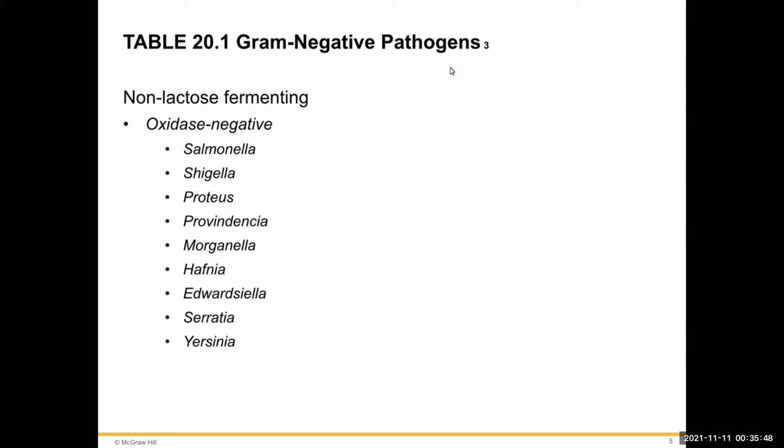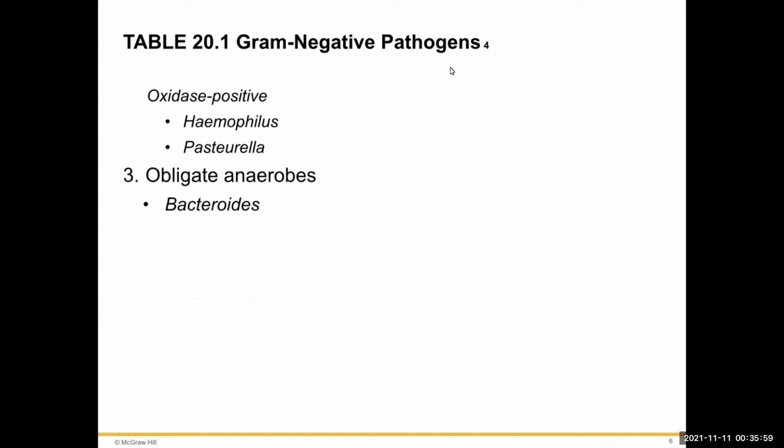Non-lactose fermenting, oxidase negative: Salmonella, Shigella, Proteus, Providencia, Morganella, Hafnia, Edwardsiella, Serratia, and Yersinia. Oxidase positive gram-negative pathogens are Haemophilus and Pasteurella. The obligate anaerobes, which need no oxygen, are your Bacteroides.